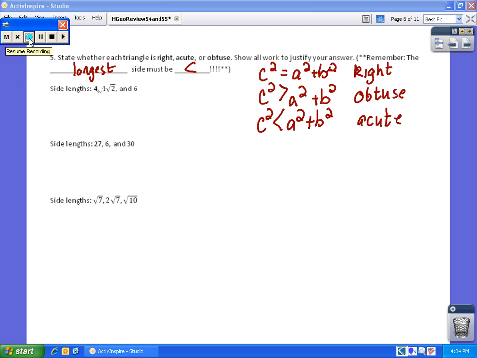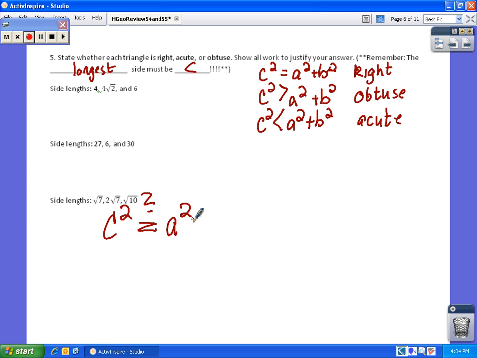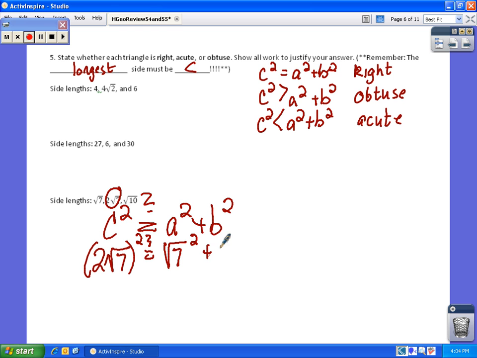For my last one, we're going to see if c squared is equal to a squared plus b squared. My longest side this time is 2 root 7. So I'm going to plug 2 root 7 in for c. Root 7 for a squared, and root 10 in for b squared. 2 root 7 squared is 28.